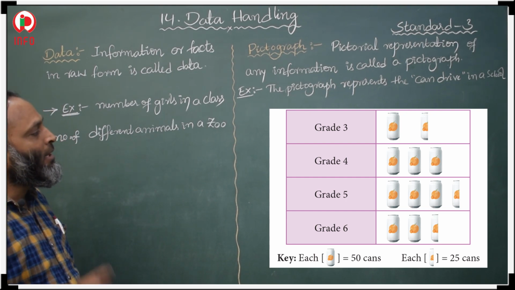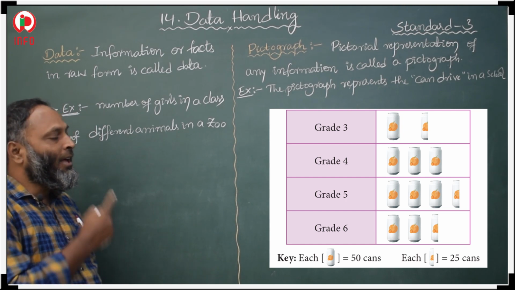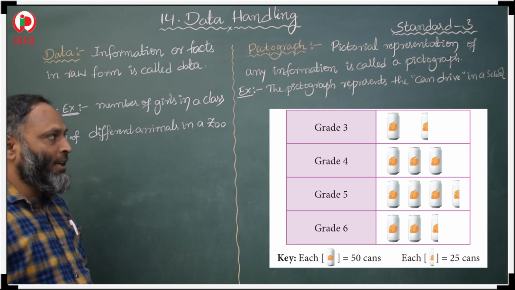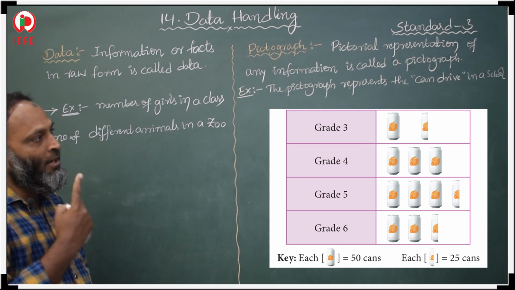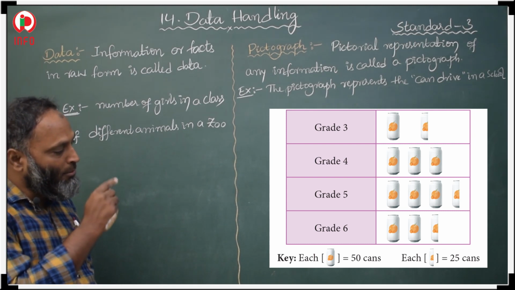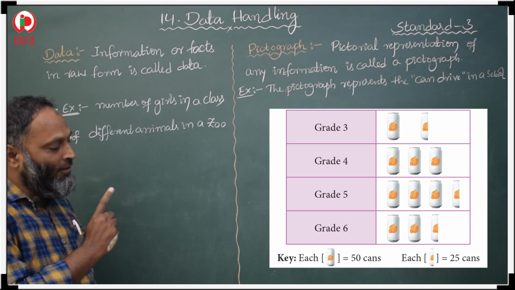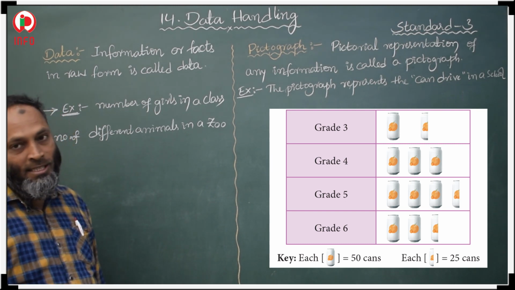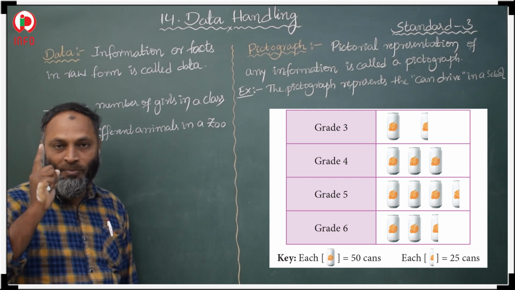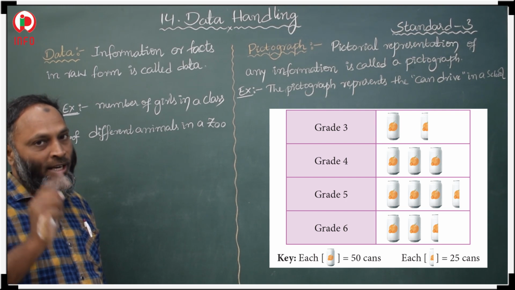See here, in the first row, grade 3: how many cans are given there? 1 can, and after that a half can is given. See the key at the bottom of the table: 1 can represents 50 cans.